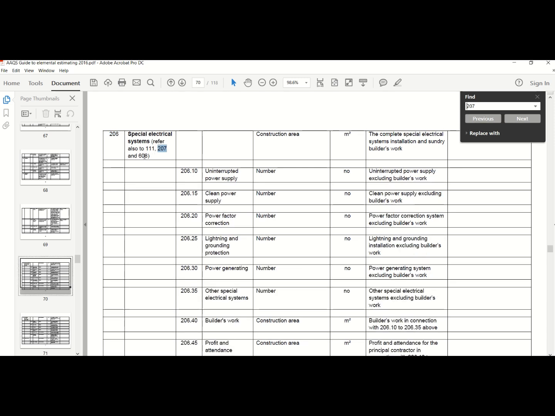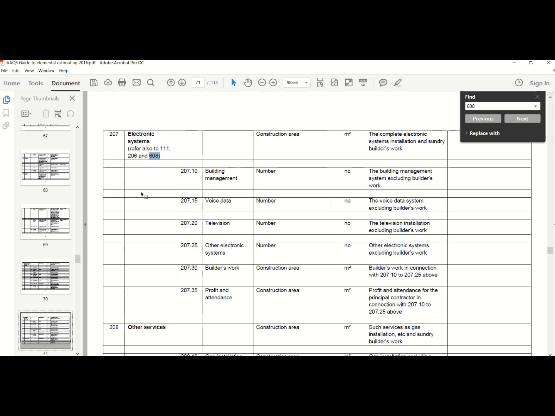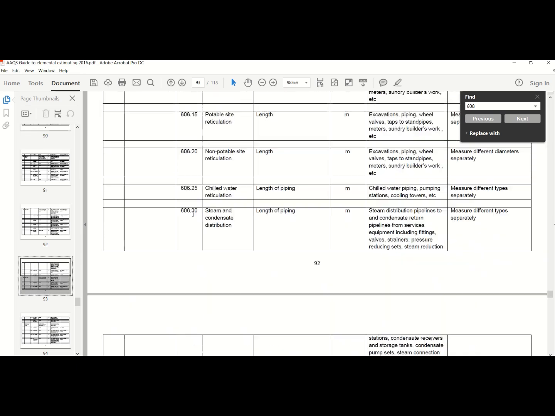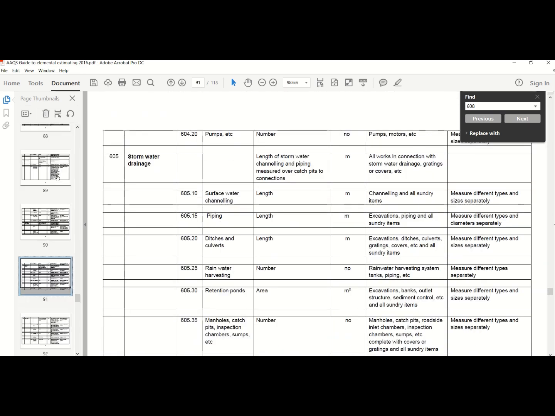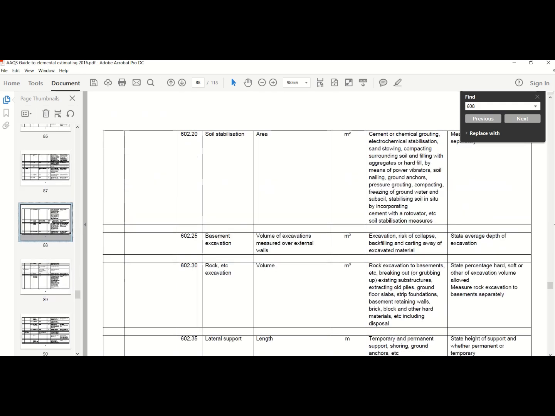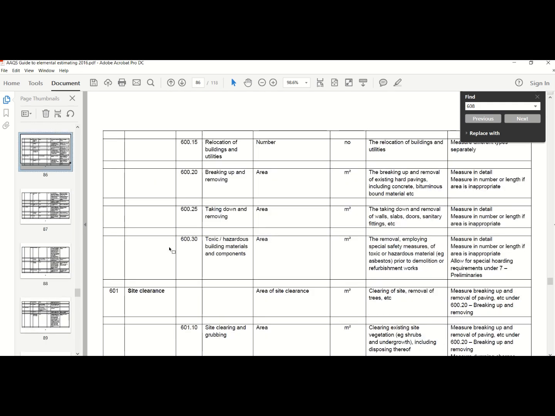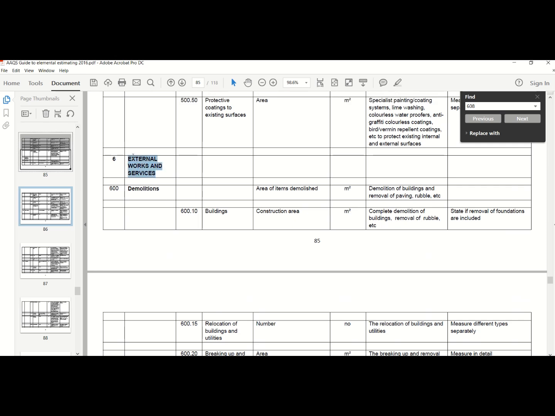And then the other one that we need to look at is 608. So you go to 608, your electrical installation. This is your external works. It falls underneath 6, so it's in your external works.